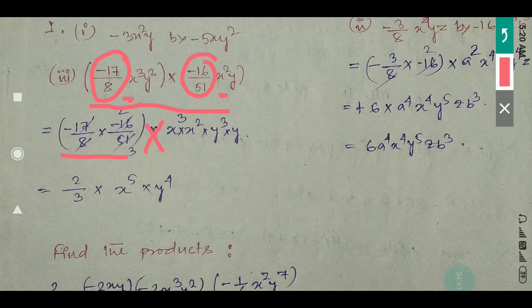Yes, x square. Then y square and y. If we do the cancellation you will get 2 by 3, x power 3 into x power 2, means x power 3 plus 2, that is x power 5. Then y square into y, means y power 2 plus 1, that is y power 3. So the answer will be this one.